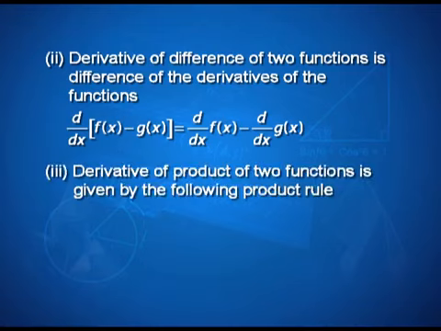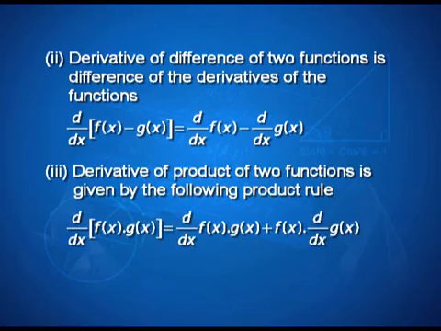Similarly, derivative of product of two functions is given by the following product rule: d by dx of f of x into g of x is equal to d by dx of f of x into g of x plus f of x into d by dx of g of x. Similarly, we have the fourth one here.